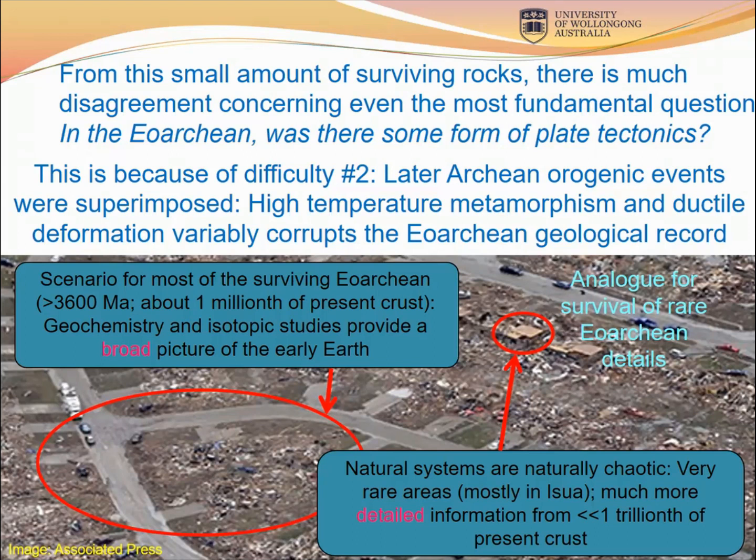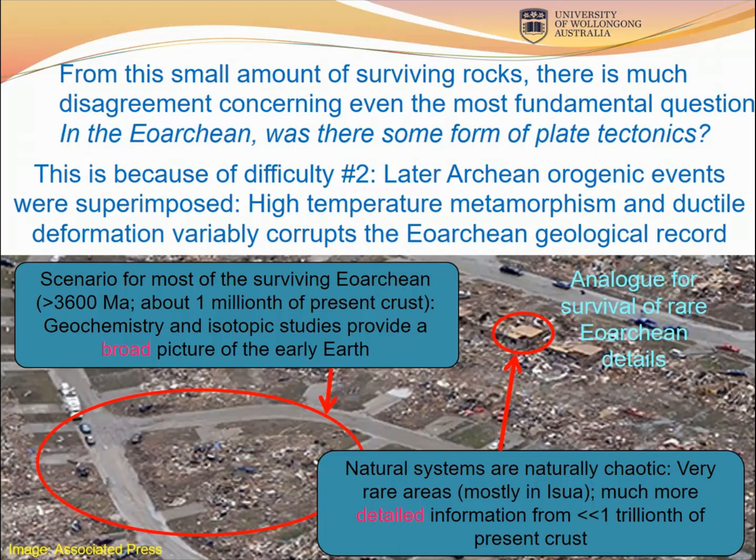Not only do you have a very small amount of preserved geological record, but all the later orogenic events were superimposed, and this has the effect of corrupting the early Eoarchean geological record. So I show here a picture of a housing estate in the US where a tornado has gone through. And in most places, the houses are completely destroyed.